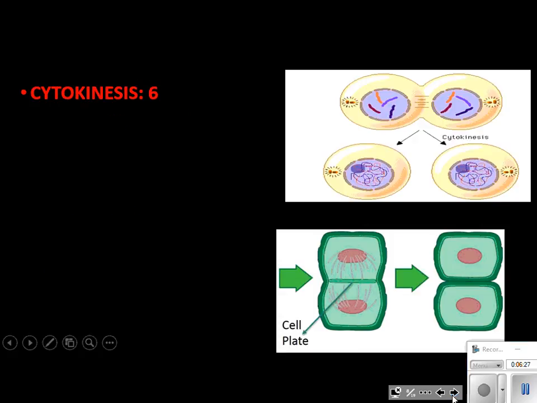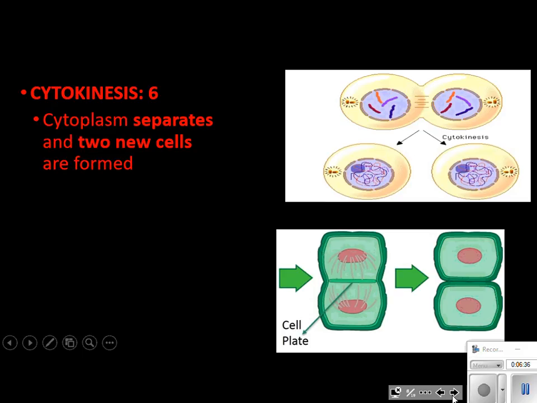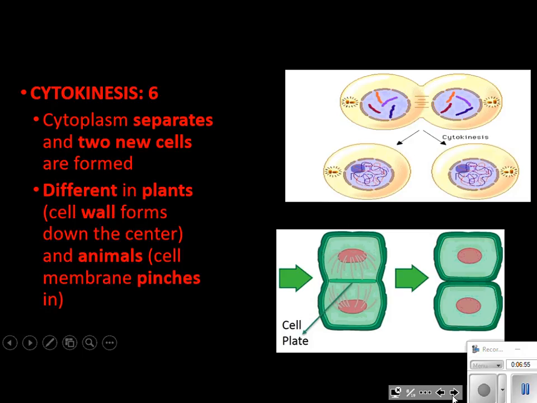Now, as I get to our final stage, cytokinesis. Okay, cytokinesis is where the cytoplasm separates and two new cells are formed. Now, it is different in plants than it is in animals.